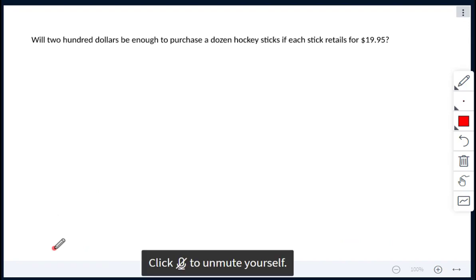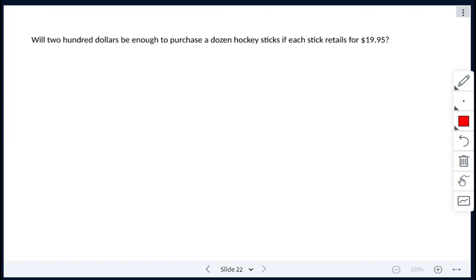All right, let's go over this next question. So will $200 be enough to purchase a dozen hockey sticks if each stick retails for $19.95? So we just have to check to see what the price would be for 12 of these hockey sticks.